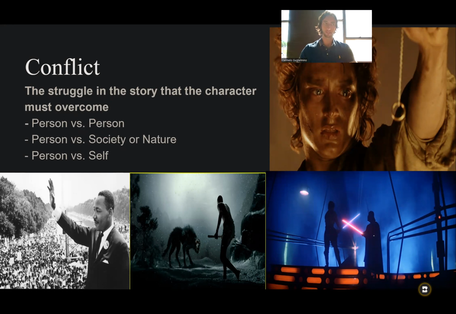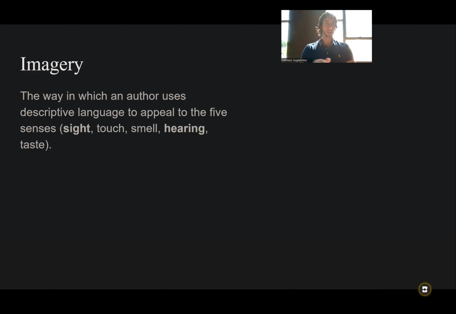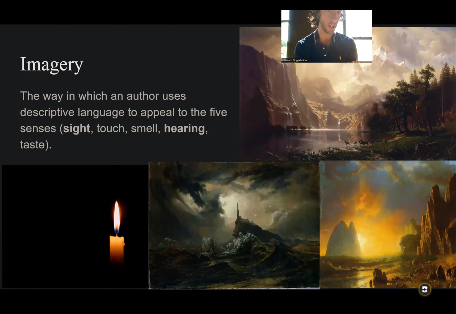And that is symbolized in the external conflict that we see here. So sometimes an author can do something very clever like that, but we can talk about that more when we get into symbolism.